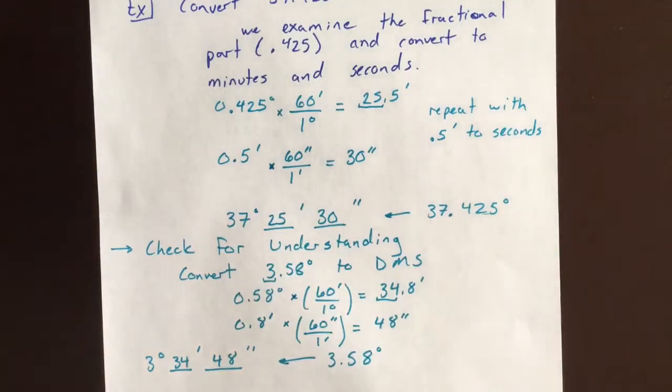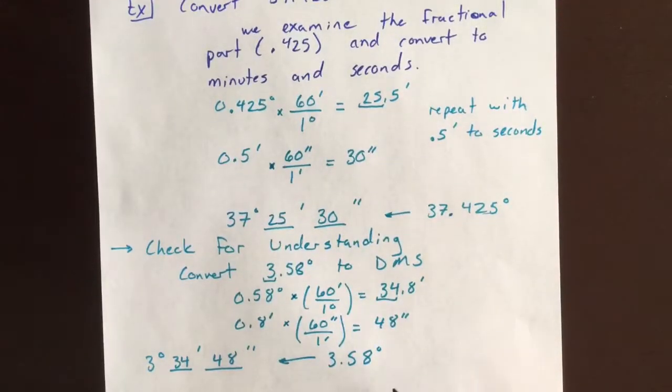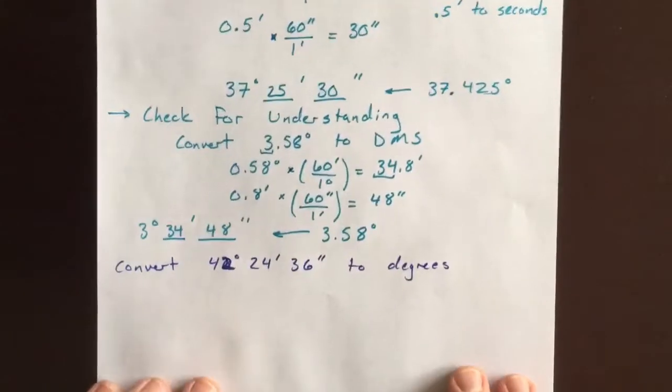But what if the question was rather to convert 42 degrees, 24 minutes, and 36 seconds to degrees, or decimal degrees? How could that be done?